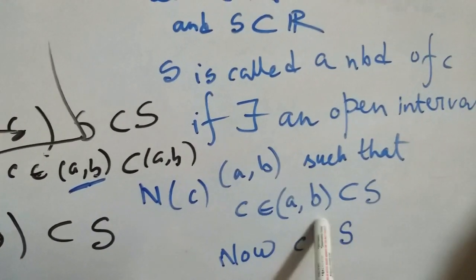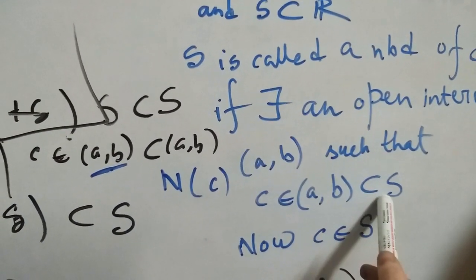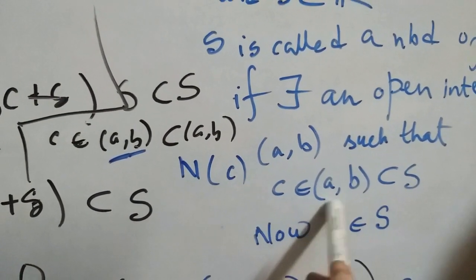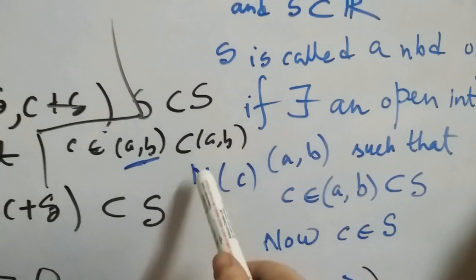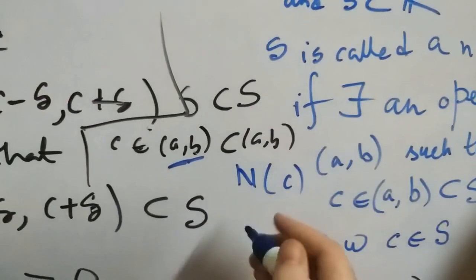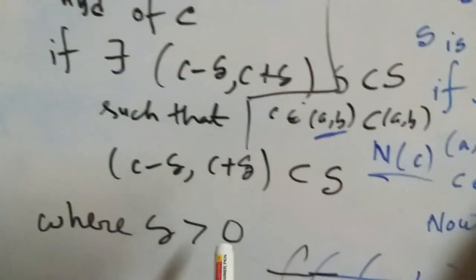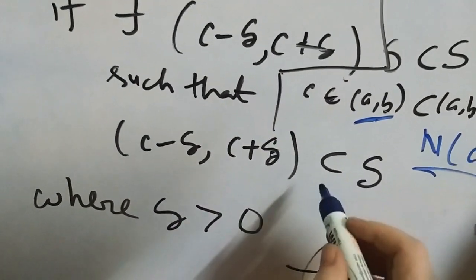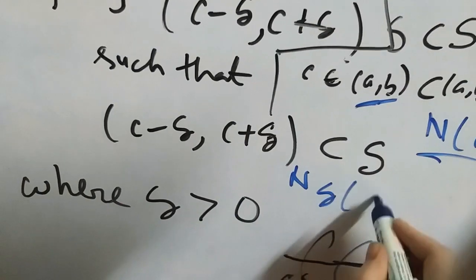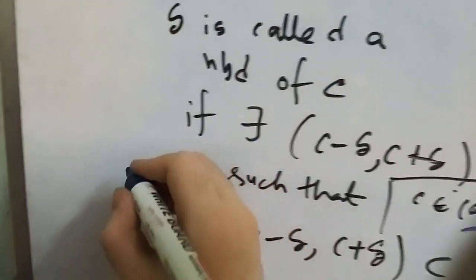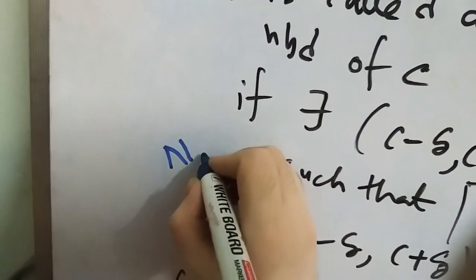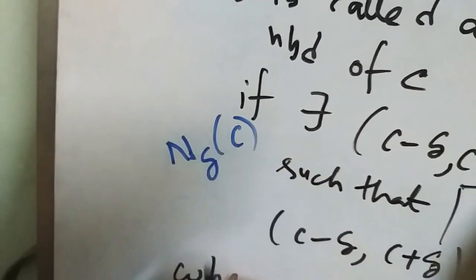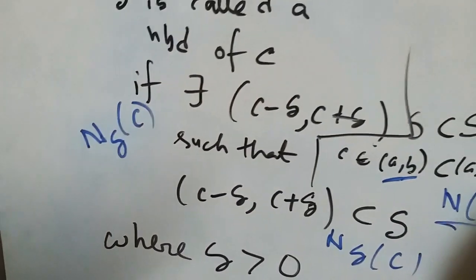By the definition of neighborhood, C belongs to the open interval (a, b) contained in S, therefore (a, b) is a neighborhood of C and is denoted by N(C). Similarly, this interval is also a neighborhood of C and is denoted by N_delta(C), called the delta neighborhood of C.